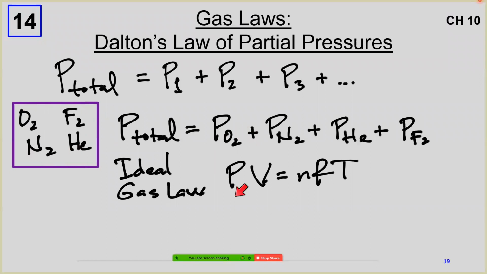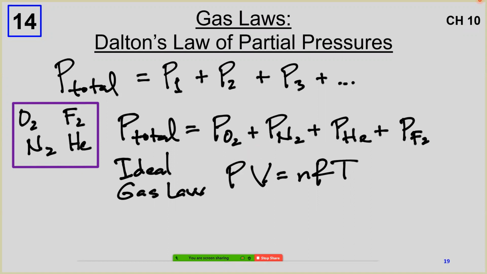And so we can use this ideal gas law to calculate the total pressure as long as we know the number of moles of each of these gases inside the container. Because the volume and the temperature will be the same for every single one of the gases because they're in the same container, so they share the same volume and share the same temperature. So in that case, we can use this equation to determine the total pressure.